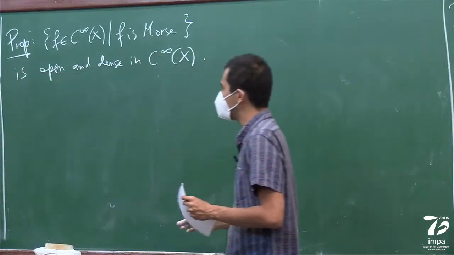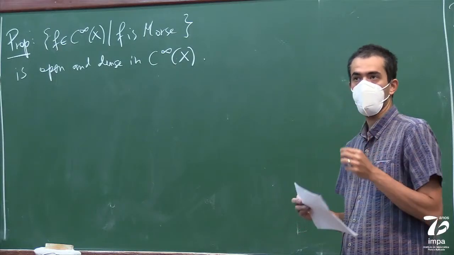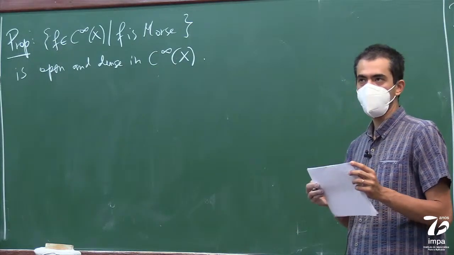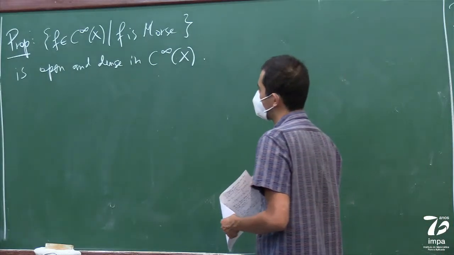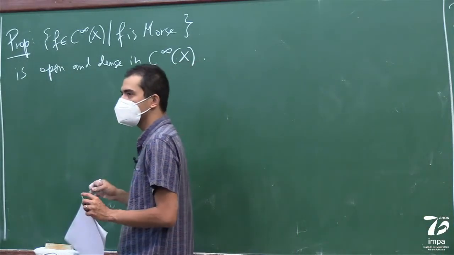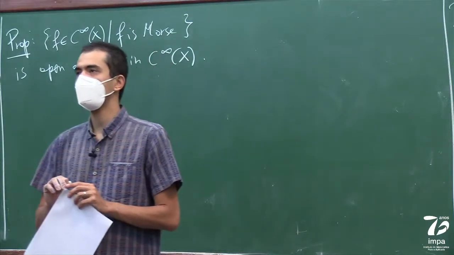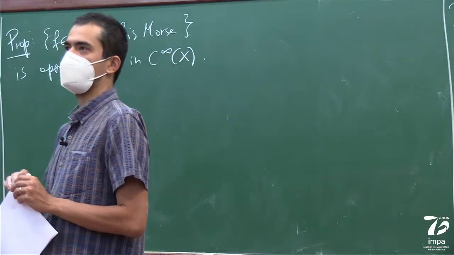So the set of Morse functions is an open and dense set. Okay, it's dense by Thom transversality theorem, and it's open because the condition of being Morse is the same as intersecting a closed submanifold transversely.